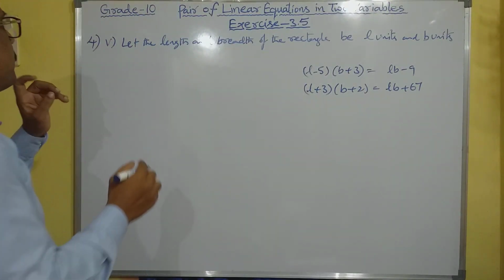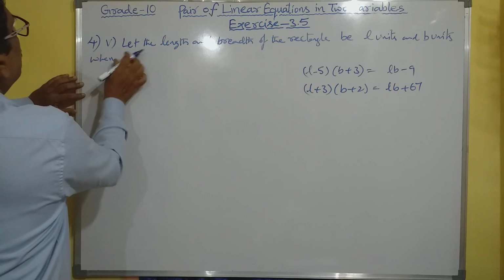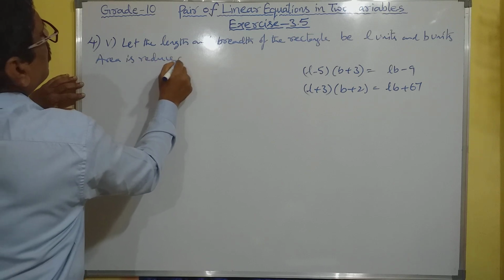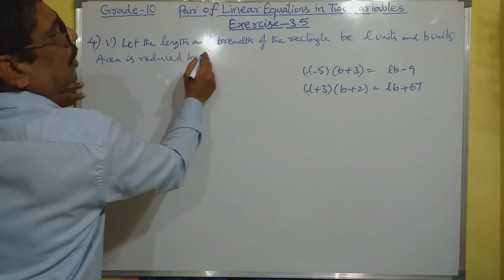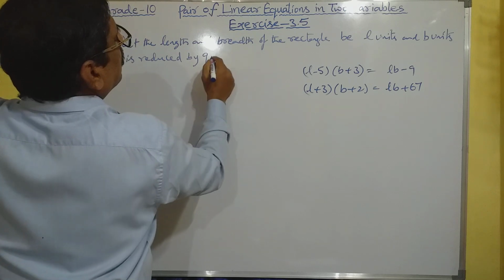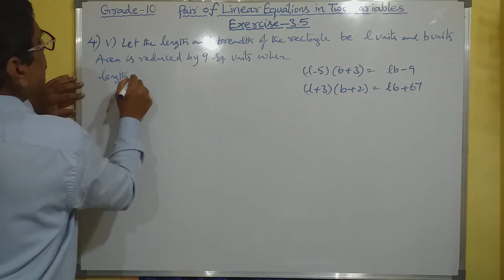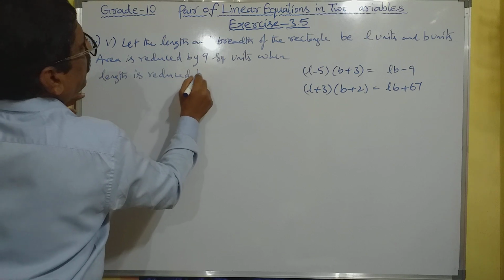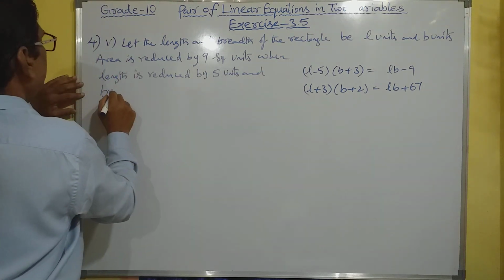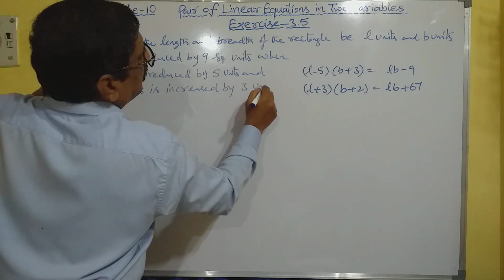Now, in the first case, when area is reduced by 9 square units, when length is reduced by 5 units and breadth is increased by 3 units.